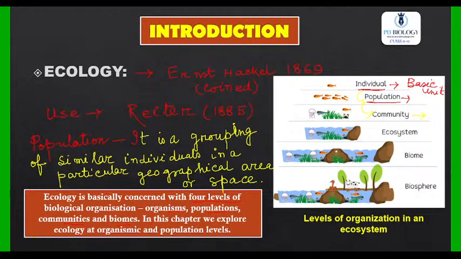Now, after community, next is the ecosystem, which is a segment of nature consisting of a biological community and its physical environment, both interacting and exchanging materials as well as energy.